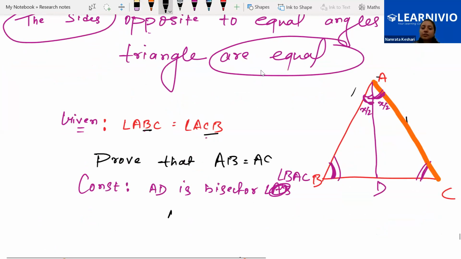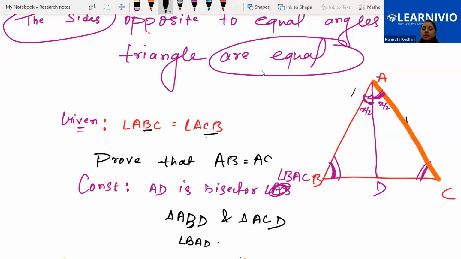Here we'll be taking triangle ABD and triangle ACD. We can see that angle A over here, that means angle BAD, is equal to angle CAD. Now we'll take that angle B and C are the same.